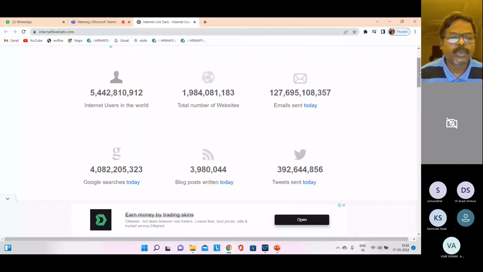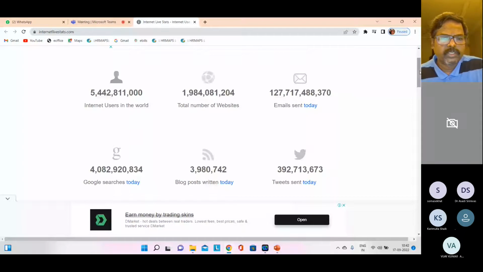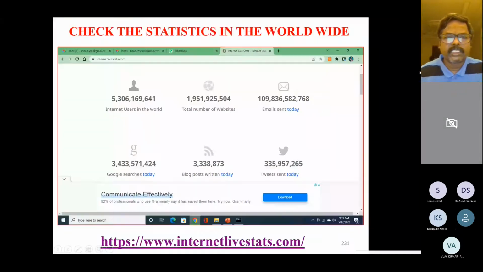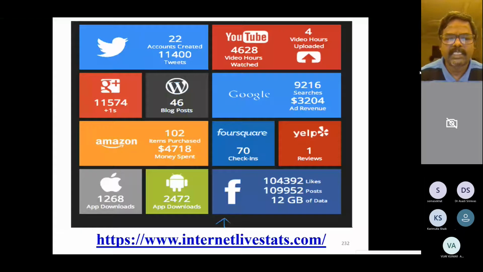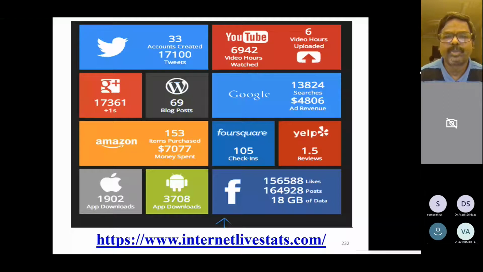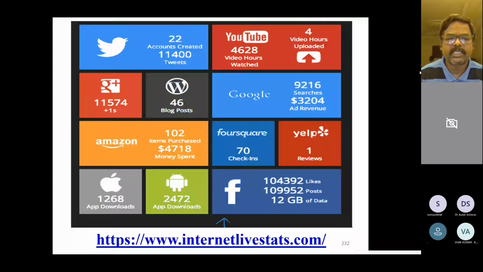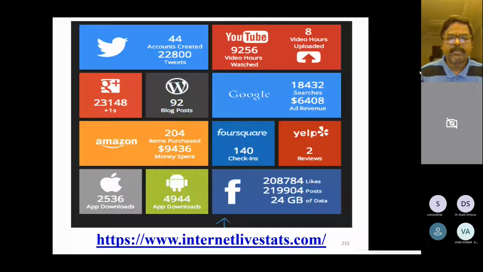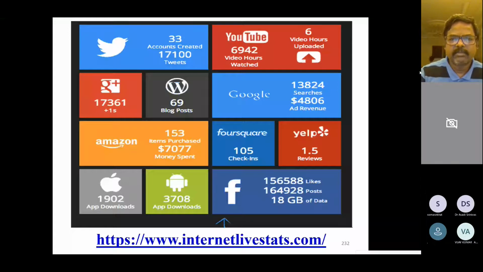We are storing a huge volume of data in the servers, data centers, etc. In the same internet live statistics in this slide, you can see how many users are connected, YouTube users right now, Google searches, Facebook users, apps downloaded. So this is the internet live statistics.